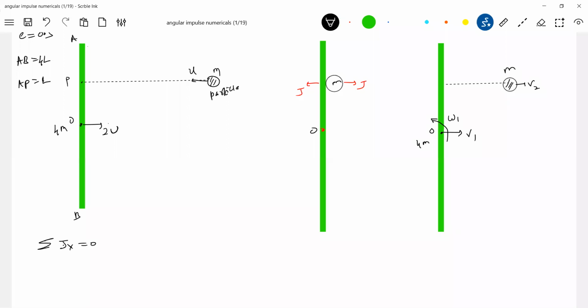Initial momentum is equal to final momentum.